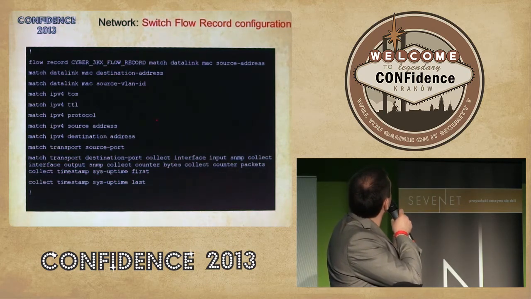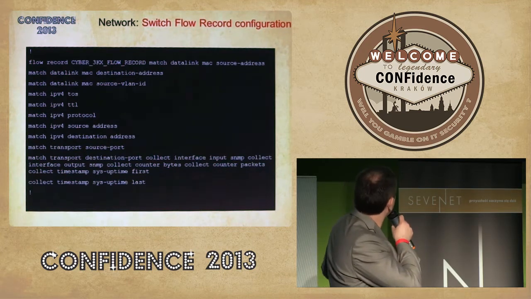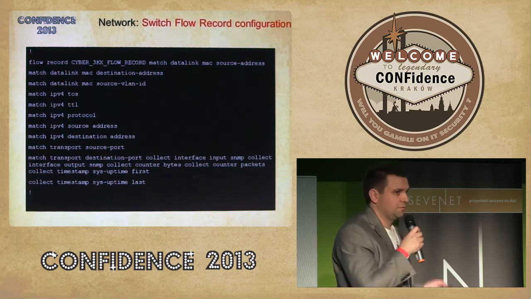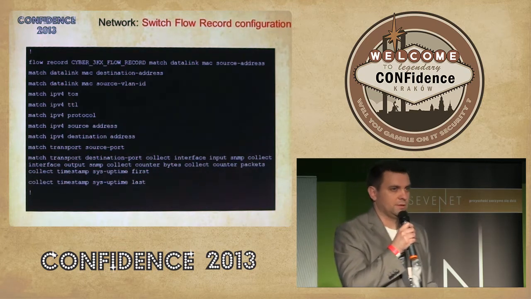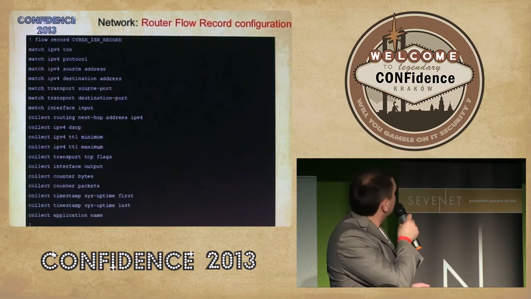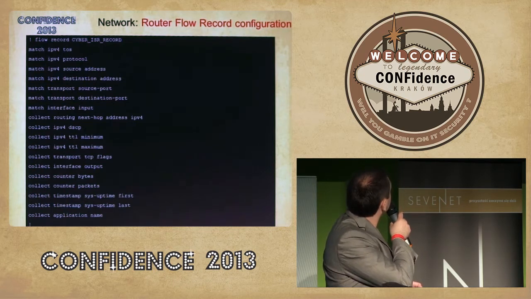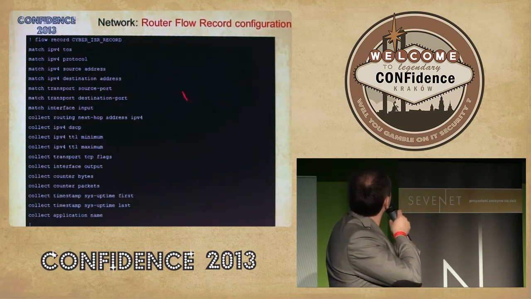Here is an example of the switch flow record configuration. And there are recommended fields which you should enable on the switch. After that, I also mention the router flow record configuration.